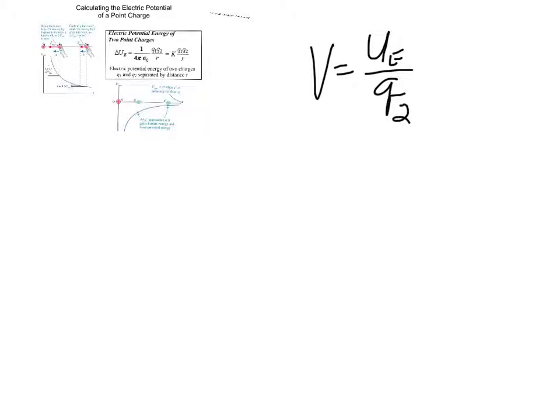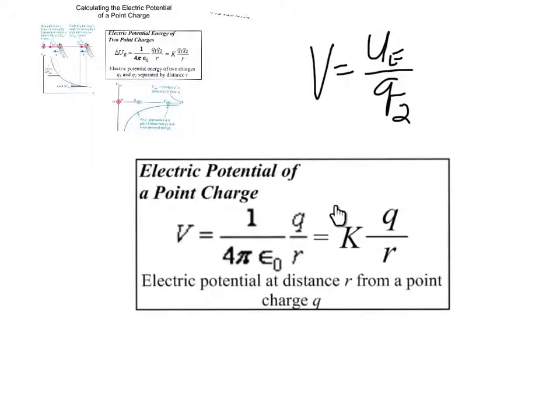So, the electric potential of a fixed point charge Q1 is kQ over r. We simply solve V equals U_E over q for U_E and substitute the result in. This results in Q2 canceling, which leaves us with this equation.